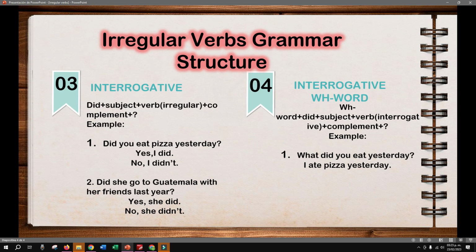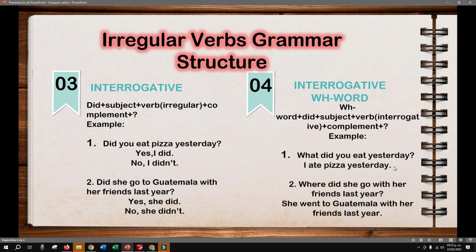I ate pizza yesterday, right? When you answer these kind of questions, you need to answer completely, right? So, what did you eat yesterday? I ate pizza yesterday, right? Or, where did she go with her friends last year? She went to Guatemala with her friends last year, right?